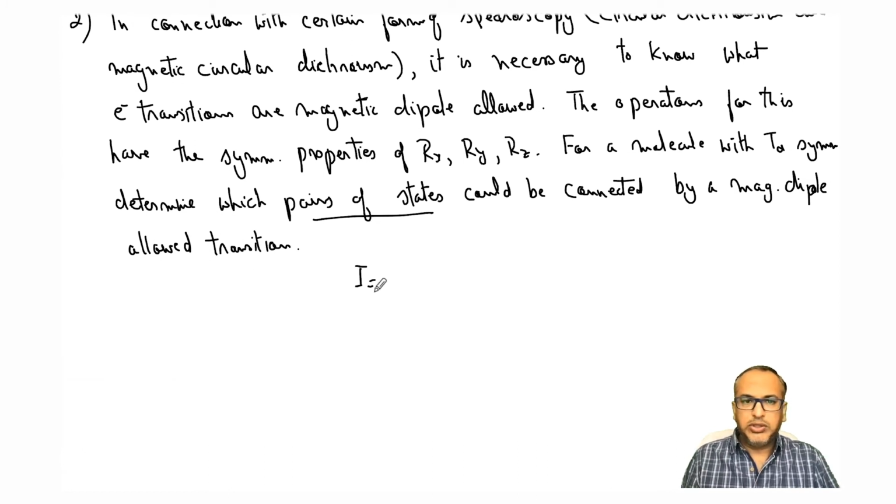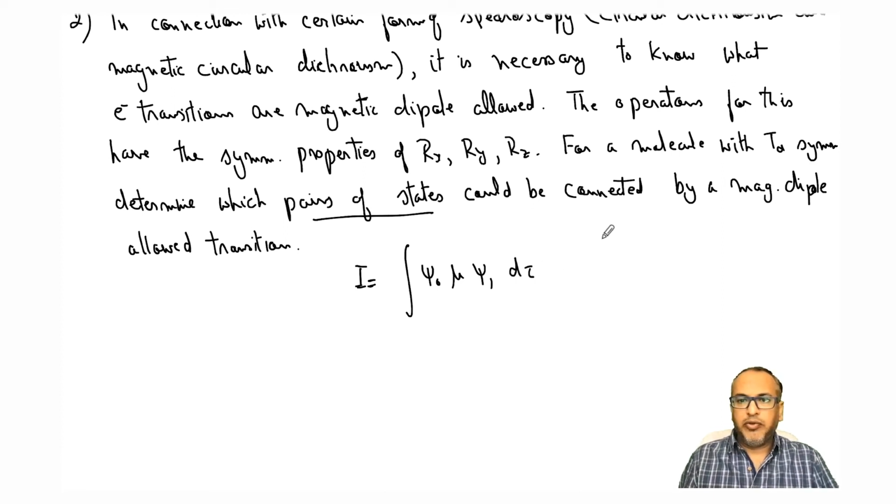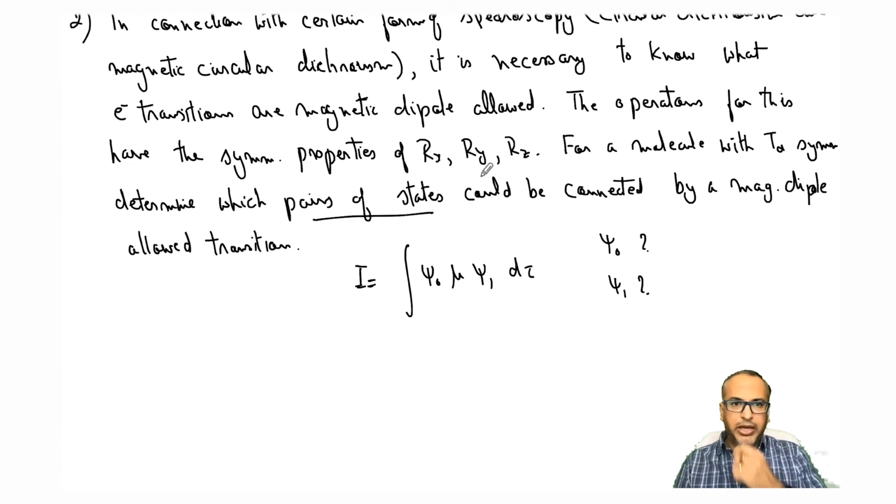You want to see under what conditions the integral will not go to 0. So integral of psi 0 mu psi 1 d tau. Now in this case, we don't know what psi 0 is. We don't know what psi 1 is because we want to calculate the pair of states. Remember that these are the functions which describe the states, psi 0 and psi 1.